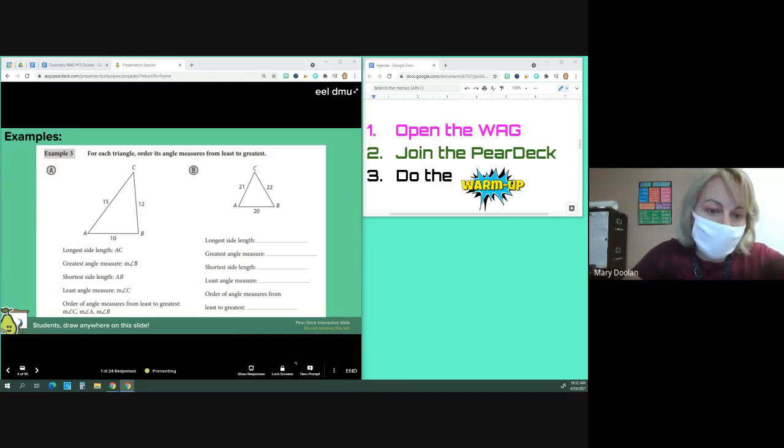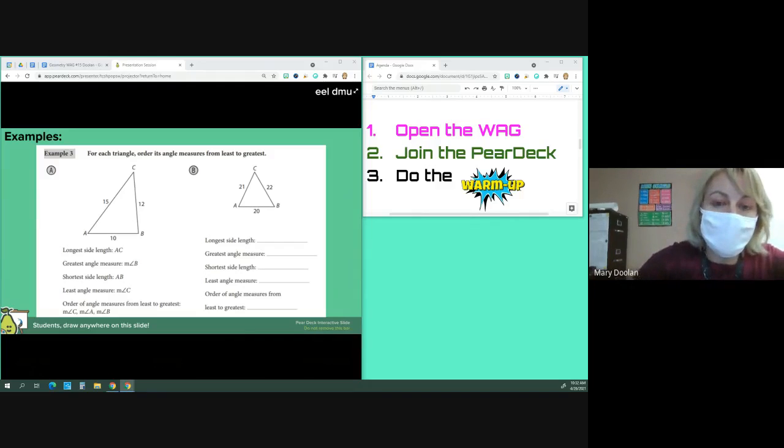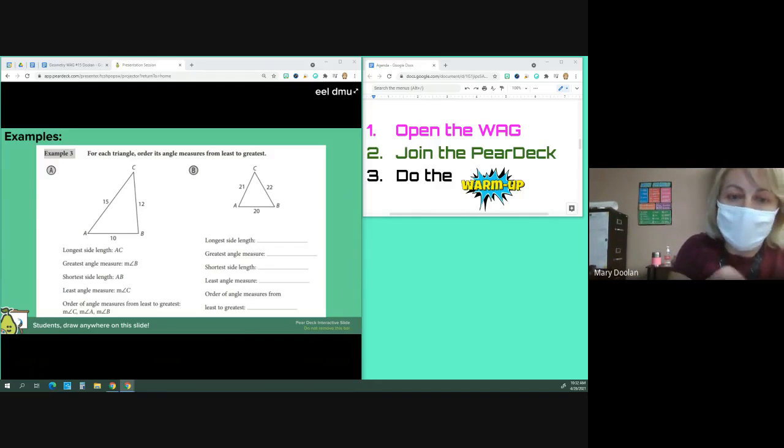I'm just going to color code as we go through here. It's telling us that the longest side length is AC, all right? So I'll use my line tool to show that the side is the longest, there's AC.